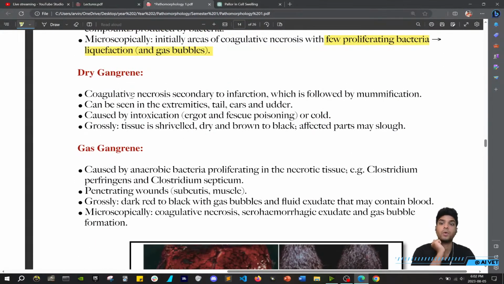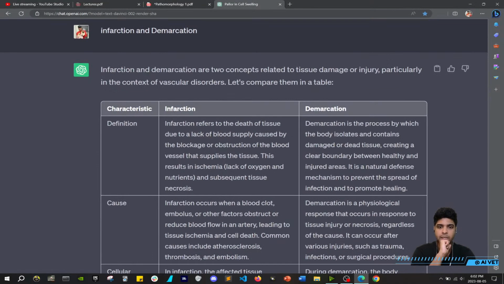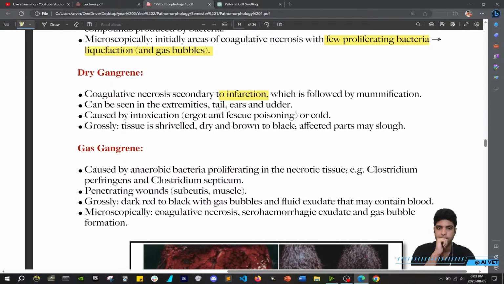Dry gangrene is coagulative necrosis secondary to infarction. So what is infarction? I have just googled that in ChatGPT. Infarction is the death of a tissue by lack of blood supply, and demarcation is a way the body separates the healthy and infected parts. In this case, infarction means death of a tissue by lack of blood supply caused by blockage or obstruction. Dry gangrene can be seen in the tail, ears, and udder.